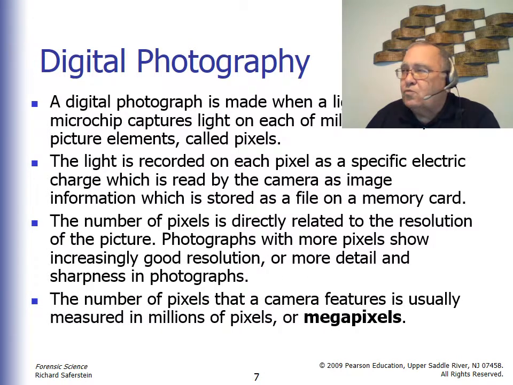Digital photography is the method that is now used to collect photographs, or the other term would be images. A digital photograph is basically light going through the camera and being placed on a sensor, which is a microchip, and there's a lot of little elements called pixels that the light goes onto.